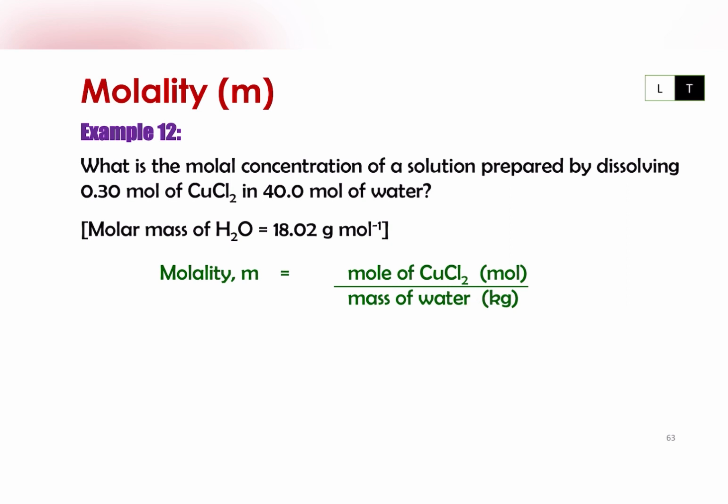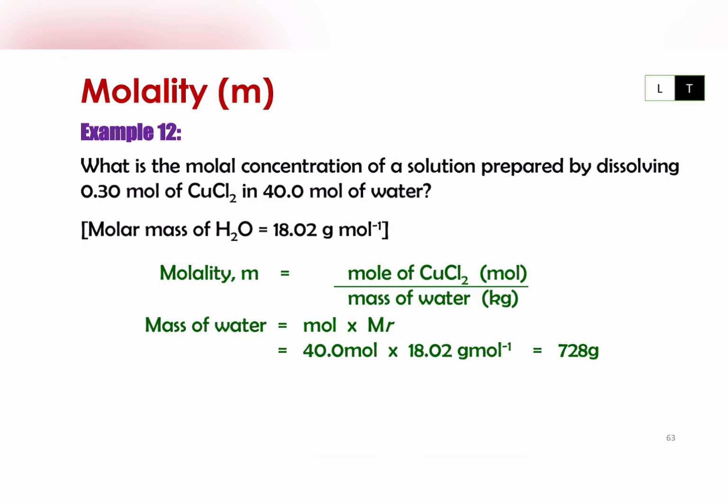Now, in order for you to determine the mass of water, you have to determine it based on the number of mole of water given in the question. So I will try to calculate the mass of water first, which equals 7.2 gram. And next, I can straight away put the value for mass of water that I found here into the formula for molality.